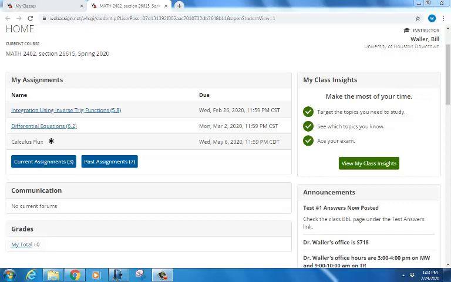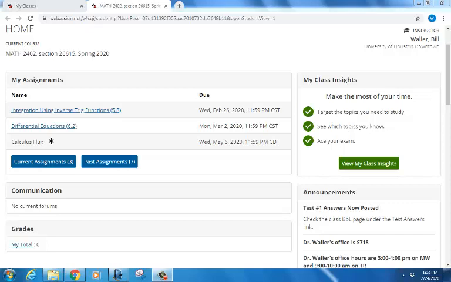I usually like to hand them back immediately, but I have other intervening responsibilities this week, so be patient. As soon as they're graded, I'll post the grades in WebAssign. But in the meantime, you can take a look at the answer key. Okay, all right.